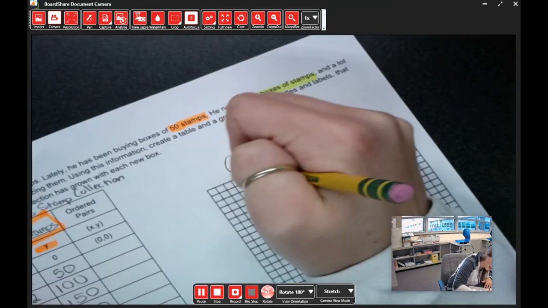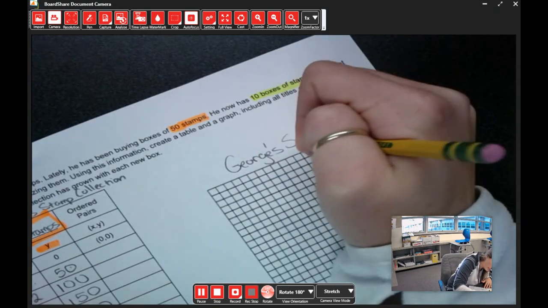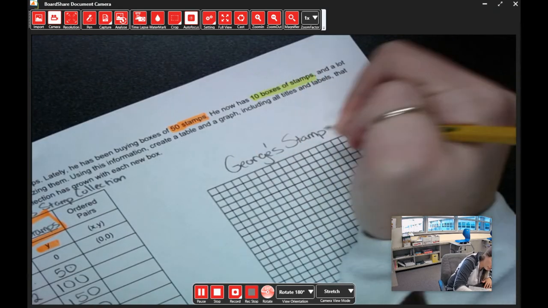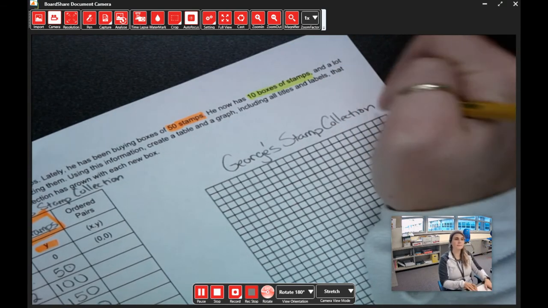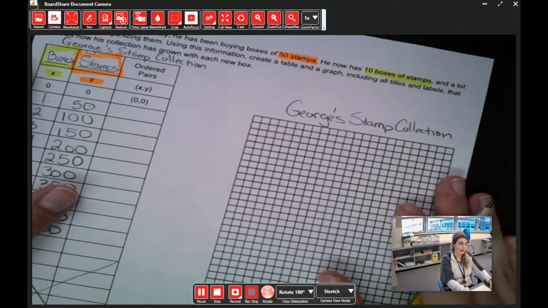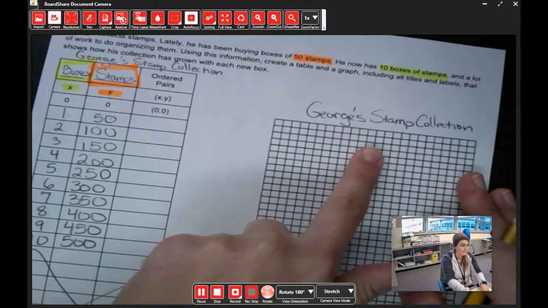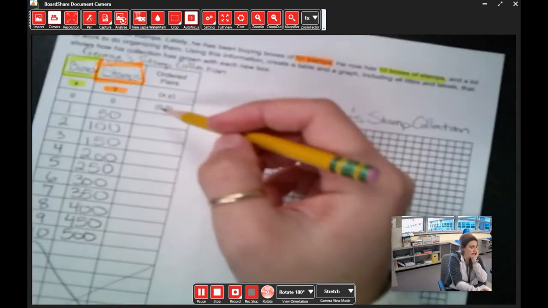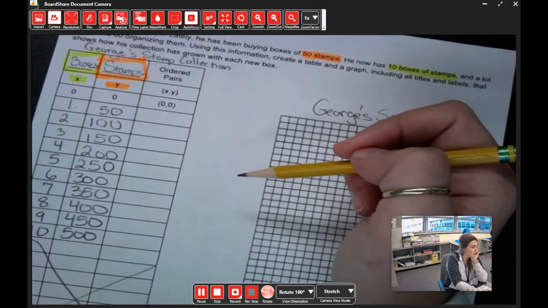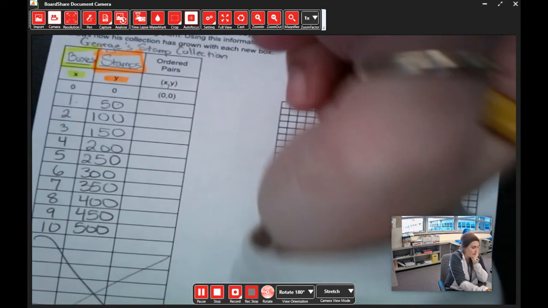George's stamp collection. There we go. So now I've got my title here, and I've got my title here. My table's not done though because I completely forgot this column. Ordered pairs.